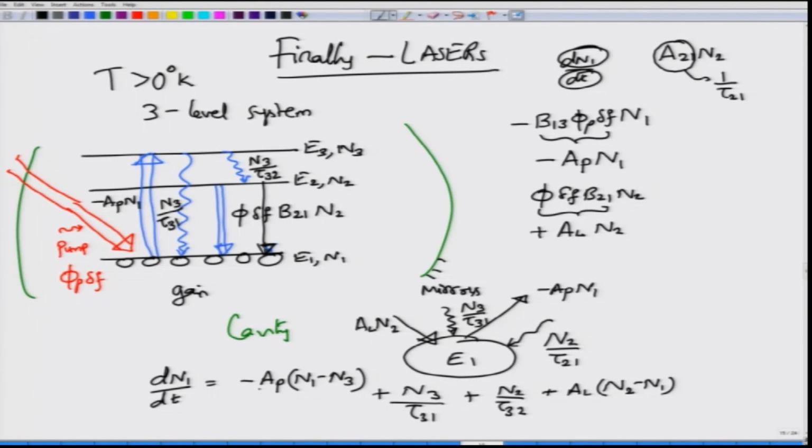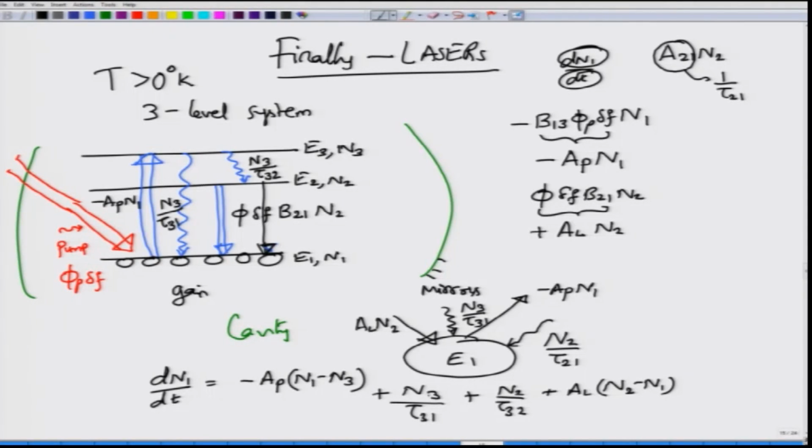AP stands for the pump absorption, and in the normal case N3 will be much smaller than N1, which is what equilibrium tells you. Therefore, the effective change at the level N1 is given by minus AP times N1 minus N3.